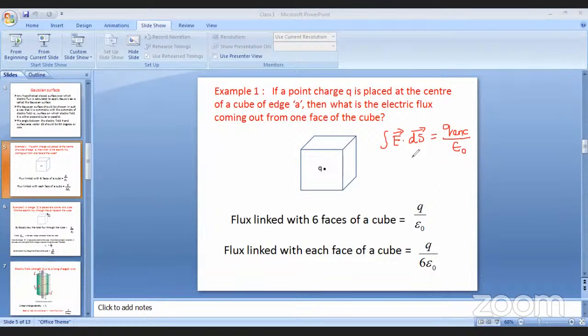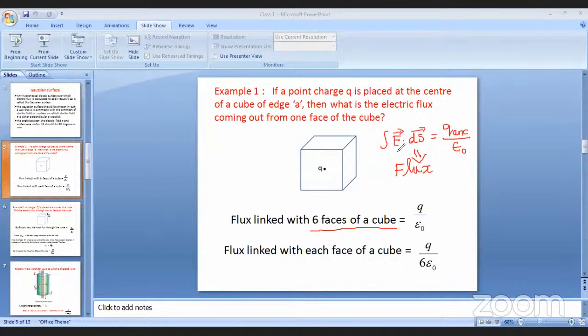E dot ds is nothing but the total flux. So the total flux is equal to 1 by epsilon naught times the net charge enclosed within the surface. Here you have 6 faces, so the total flux coming out through all the 6 faces is given by q by epsilon 0. This is in line with the Gauss theorem or Gauss law.